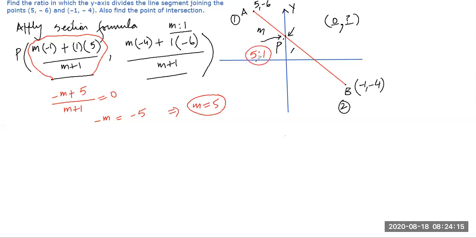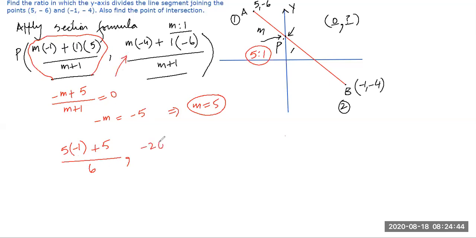Once the ratio is 5:1, we can easily find the coordinates of point P also. So the coordinates of point P would be (5 into minus 1 plus 1 into 5) divided by 5 plus 1, which is 6. Here m is 5, simply put the value of m.